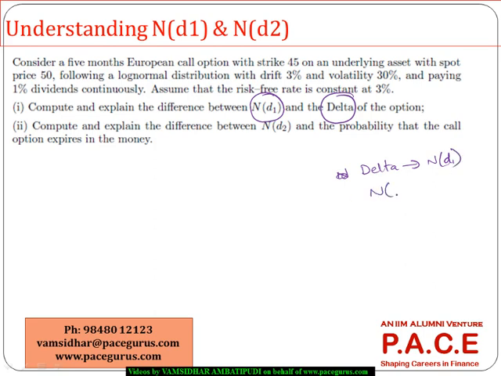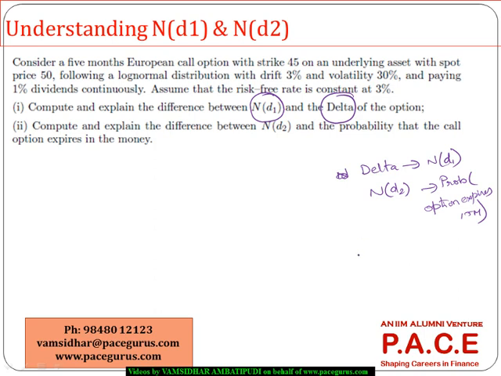Similarly, when I talk about N(d2), we say that this is the probability that the option expires in the money. So, when do we say that they are equal? When do we say they are different? Let's try to compute and understand the difference very clearly.